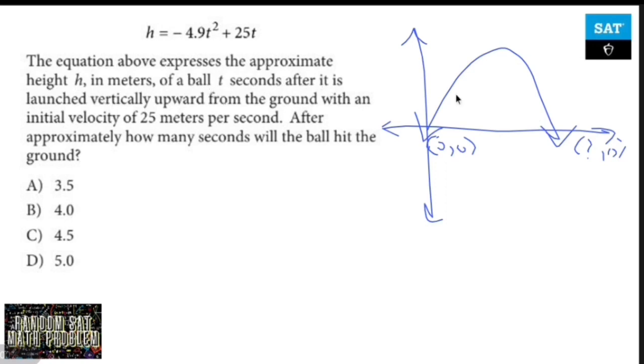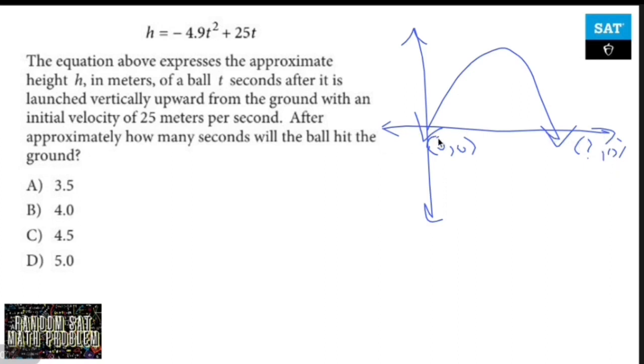A ball. There it is. It took me a long time. So you launch it, it goes up, it comes down, and it lands somewhere around there. So I have to find where it lands. In other words, I have to find what happens when my height is 0.